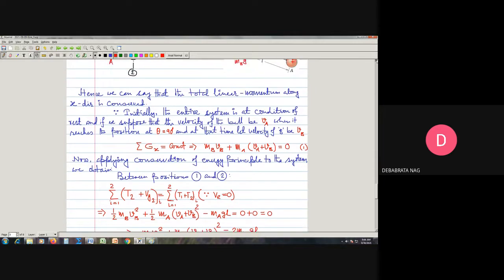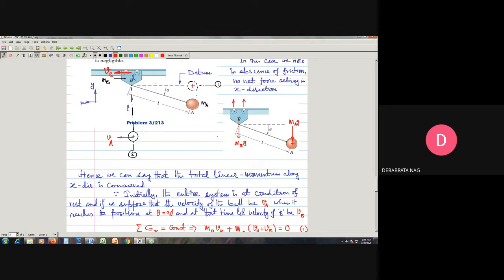If you recall, the datum line is here, so anything in the downward direction is to be considered negative, and anything in the upward direction is to be considered positive. On this line, the V_g should be equal to 0. The gravitational potential energy is taken to be equal to 0.